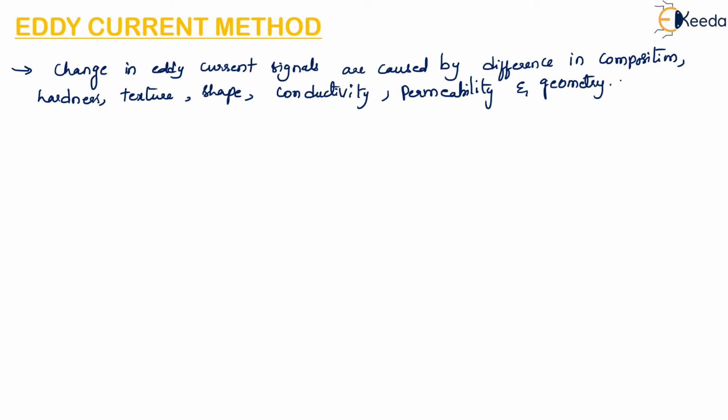So, in some cases, the effects of the crack can be hidden by changes in other parameters. There may be a crack in the material and there may be no change in the composition, hardness, texture, shape, conductivity, permeability, or geometry of the component. In such cases, when you use this eddy current method, it may not show the crack or any change in the eddy current.